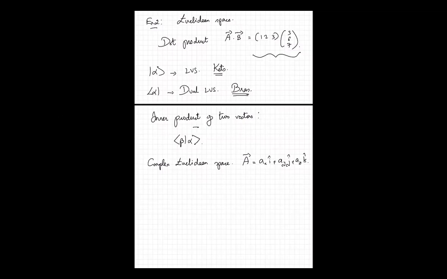So in the complex Euclidean space, the definition of inner product or dot product would be A dot B equals (AX star, AY star, AZ star) times (BX, BY, BZ), which would be equal to AX star BX plus AY star BY plus AZ star BZ.